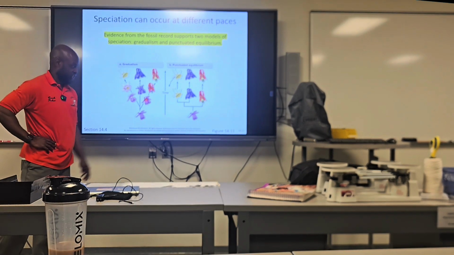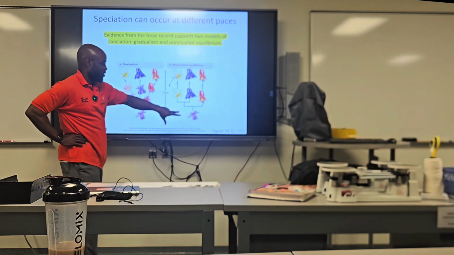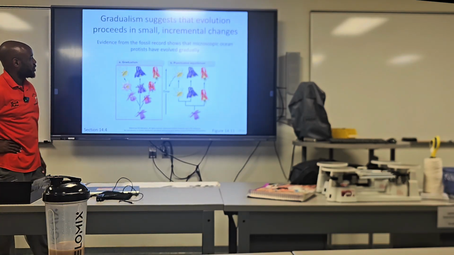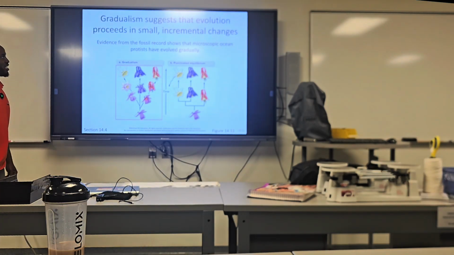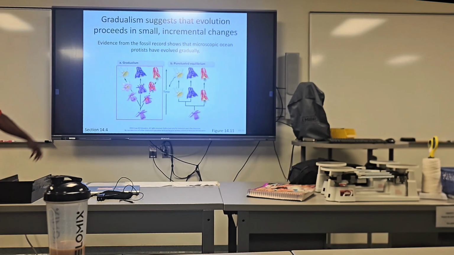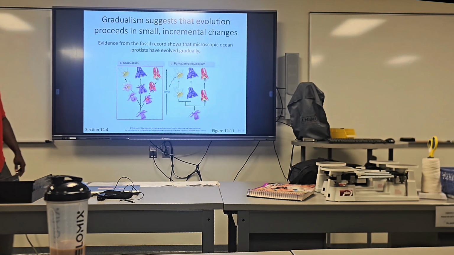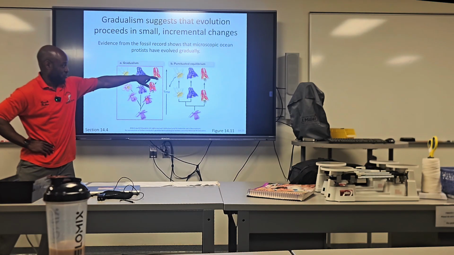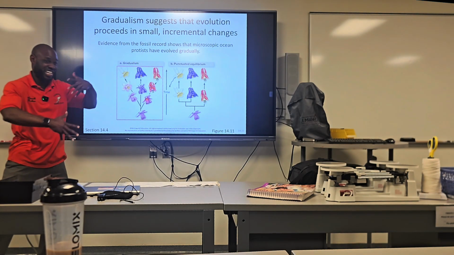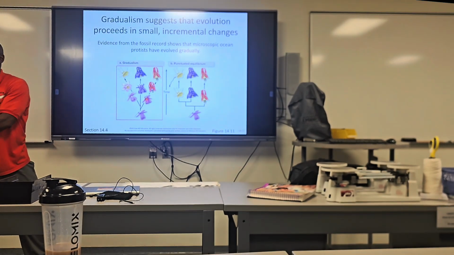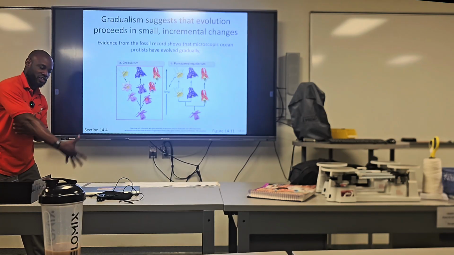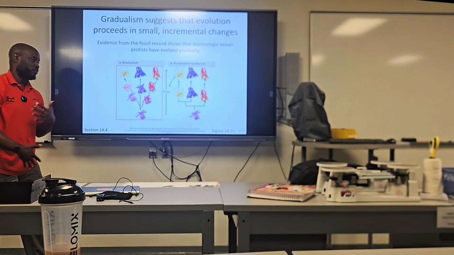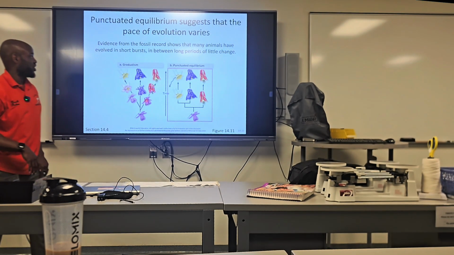Gradualism is slowly changing; punctuated equilibrium is an abrupt change. Gradualism suggests that evolution proceeds in small incremental changes. Fossil records show that microscopic ocean protists have evolved gradually, slowly changing over time. We're talking about long periods of time, many generations.